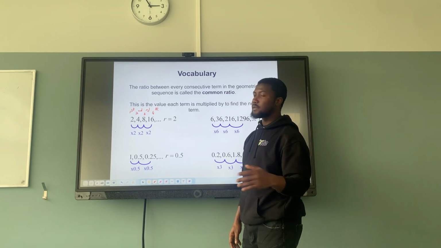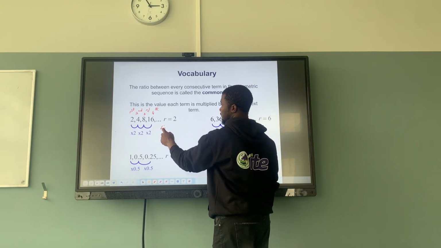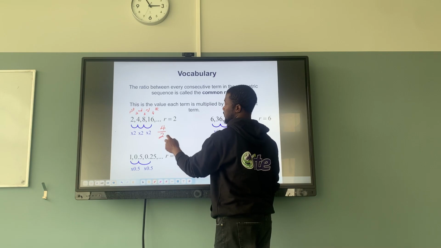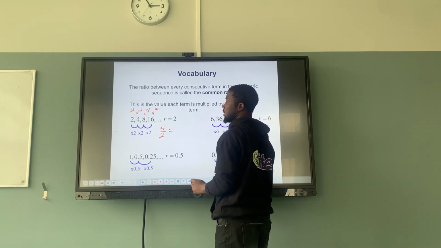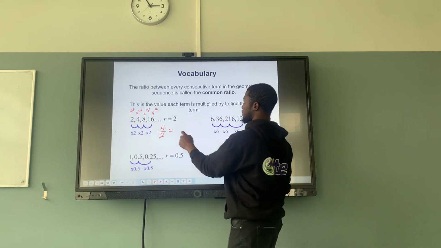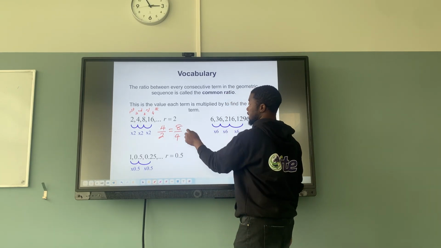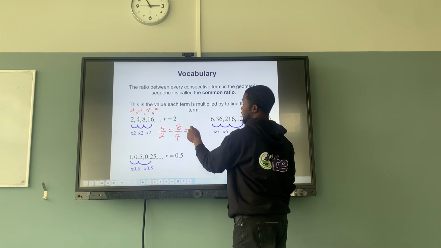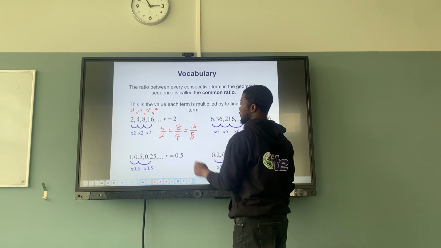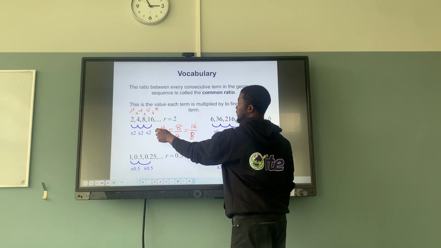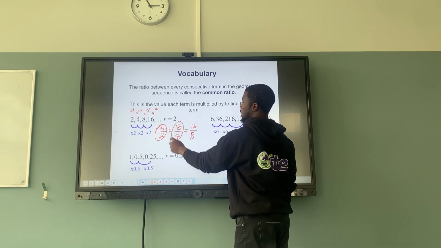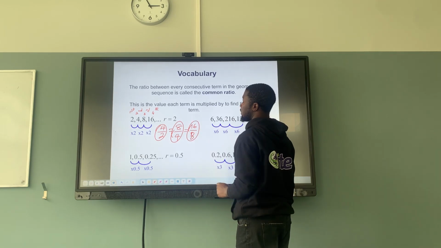The ratio of the second term to the first term should be the same as the ratio of the third term to the second term, 8 by 4. That should also be the same as the ratio of the fourth term to the third term, 16 over 8.